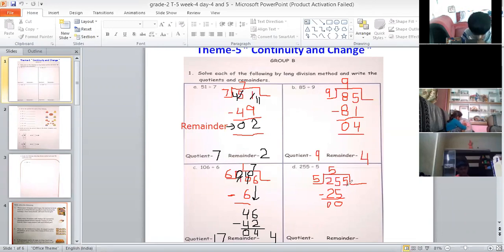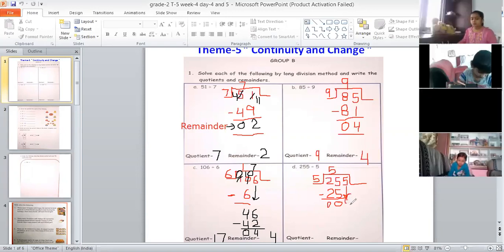Adya, please pay attention. We will take an arrow here and copy this 5 down, beside this 0. Now Jay, when will we get 5 in the 5 table? One time. That's correct. 5 ones are 5, so we will write 1 up and 5 below.